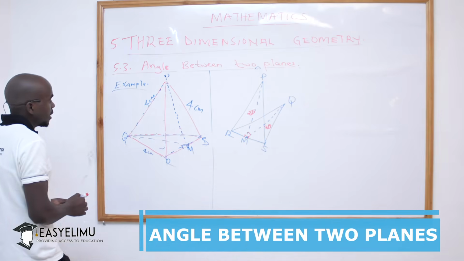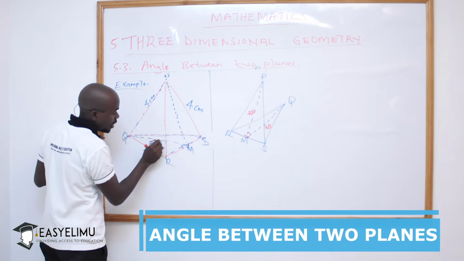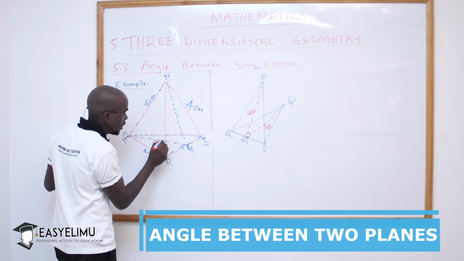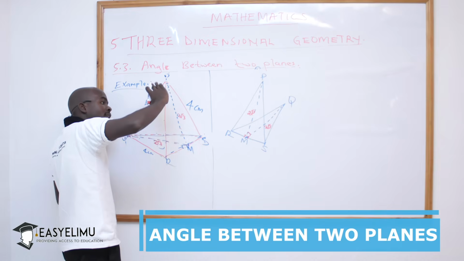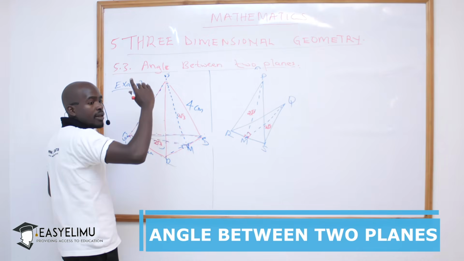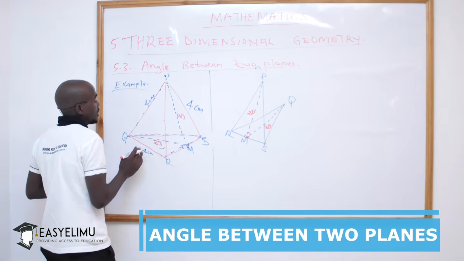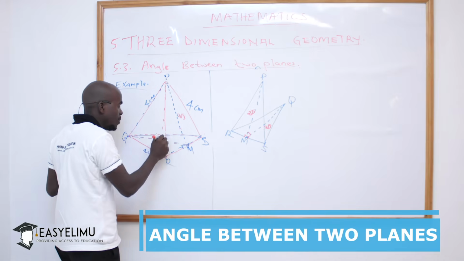So if this is a tetrahedron, it automatically means that what we have found is 2 root 3, and this one also 2 root 3. That is the line which is the slanting height of that tetrahedron. But we have a normal height which will be in between.